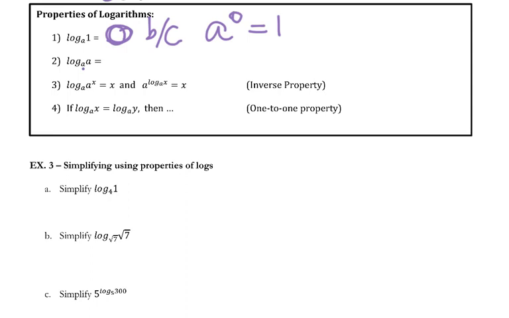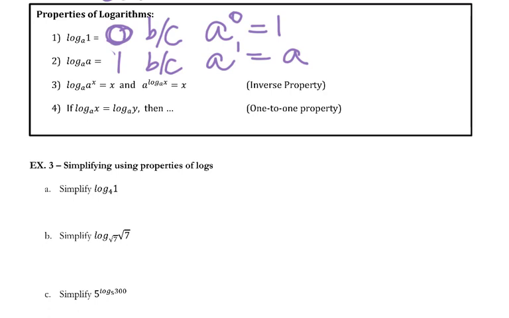So if your base is the same as what you're taking the logarithm of, the answer is going to be 1. And that's because a to the first equals a. So anything raised to the first is itself. So this logarithm is going to simplify to 1.